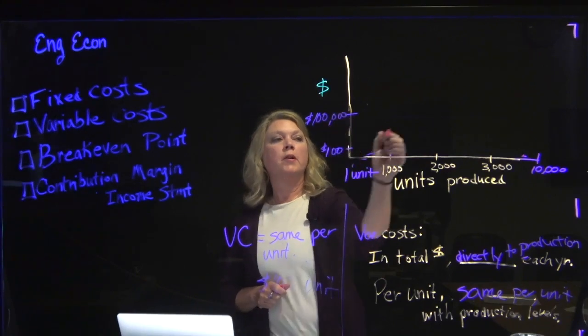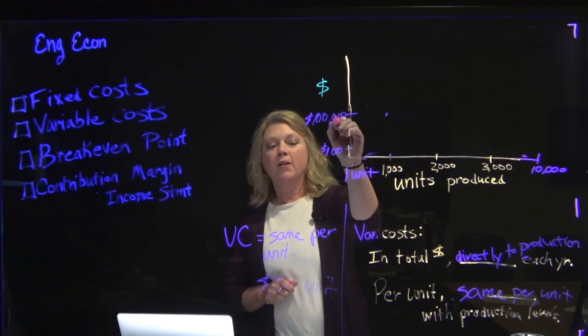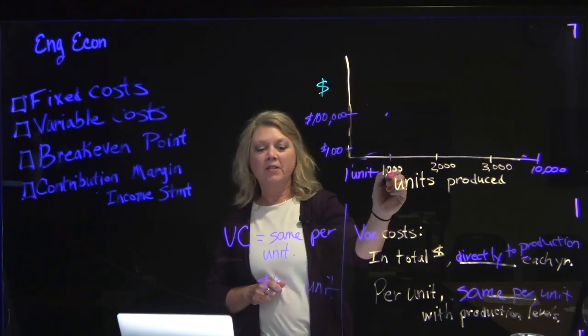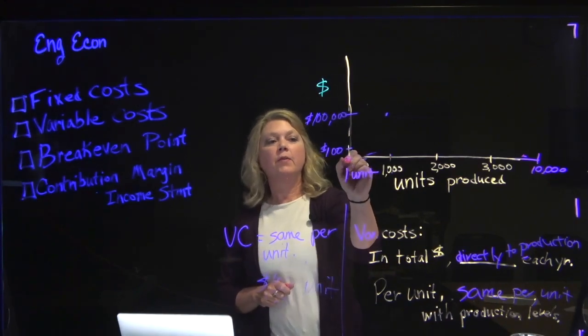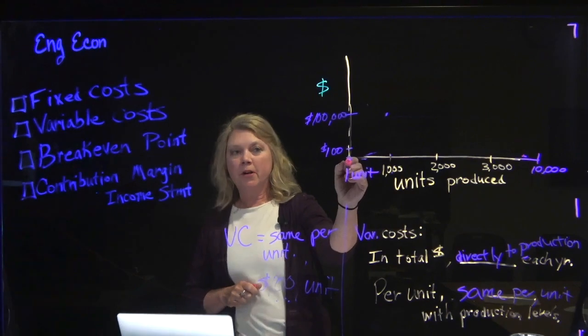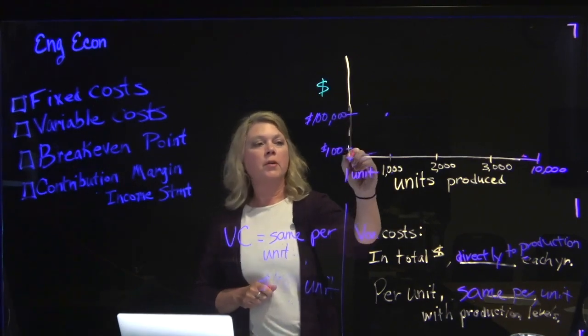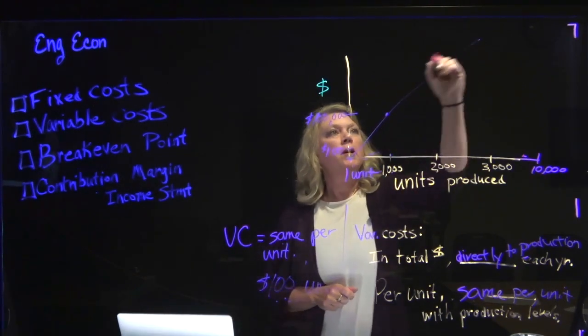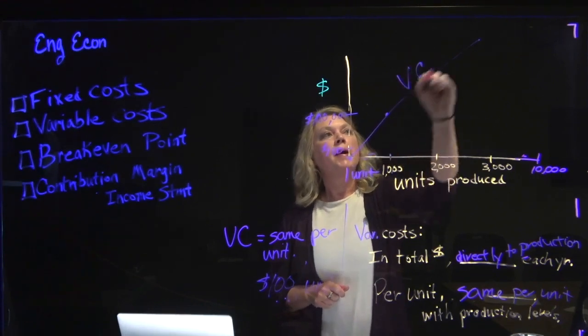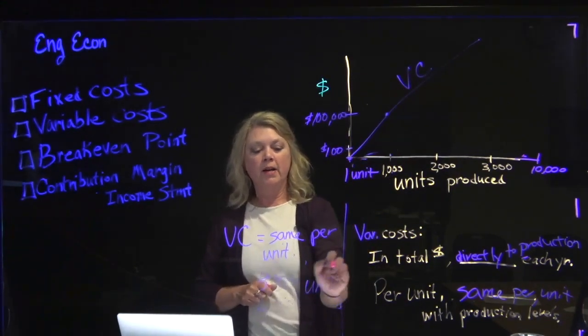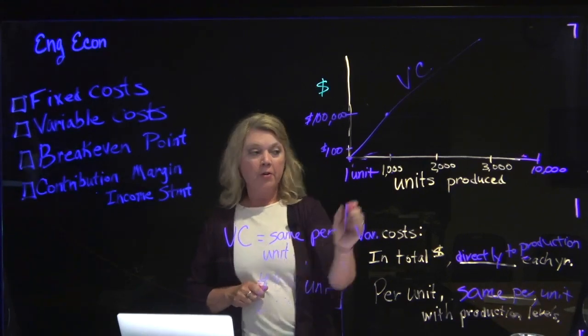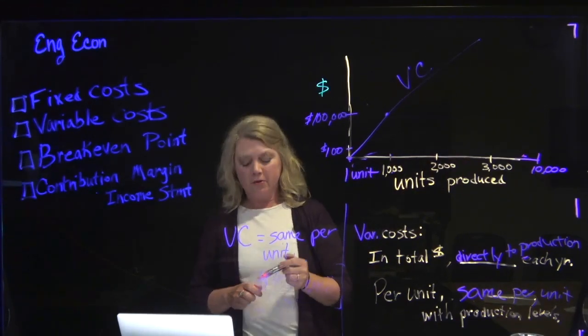So total variable cost would be $100,000 if we have 1,000 units, and it's $100 per unit of variable cost. If it's 0 units of production, then we have 0 variable cost. So you can see the variable cost line goes up at an angle, starts at 0 and goes up at an angle at the rate of cost per unit times the number of units being produced.